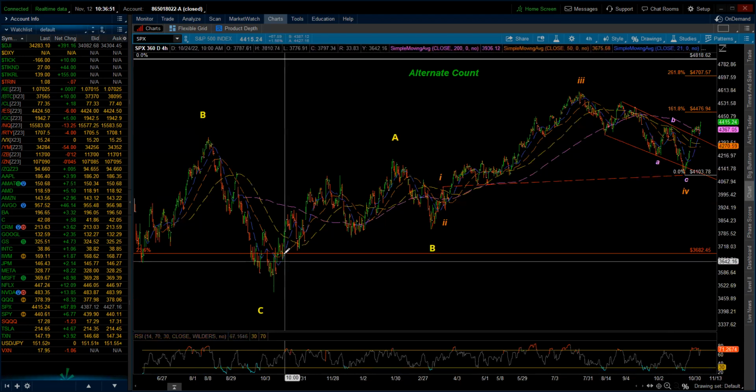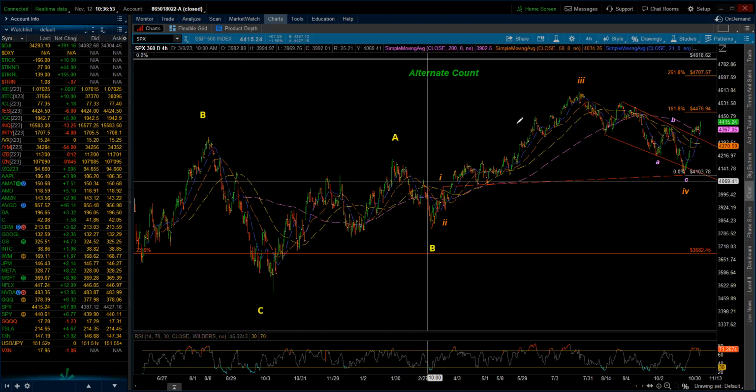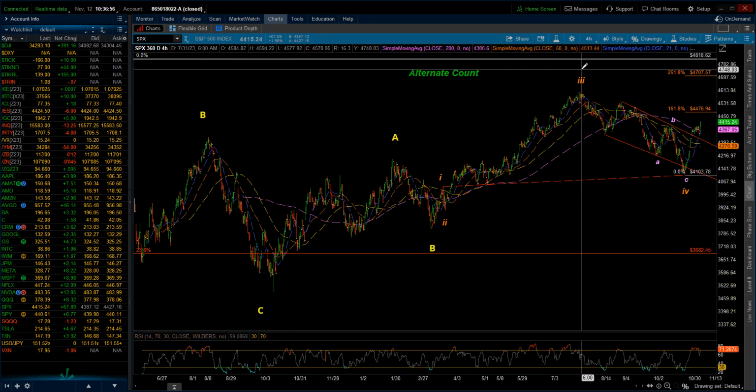that within that whole primary B wave, it can retrace close to 100%, as a wave 2 can, so can a B wave.